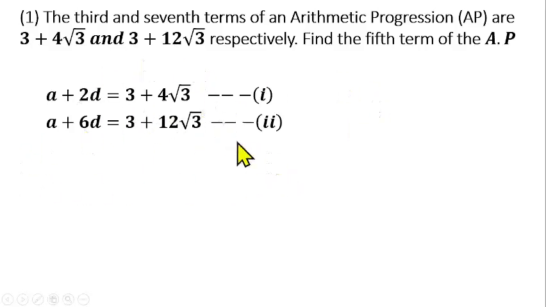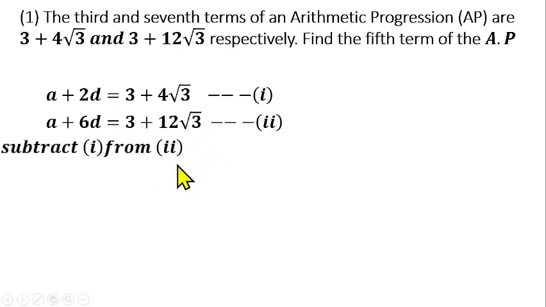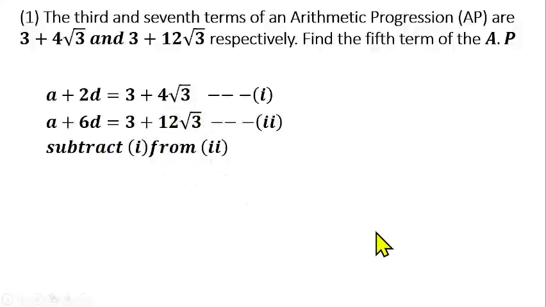We can now solve these two equations simultaneously by subtracting equation 1 from equation 2. a minus a gives us 0. 6d minus 2d gives us 4d. Then 3 minus 3 gives us 0. Then 12√3 minus 4√3 gives us 8√3.